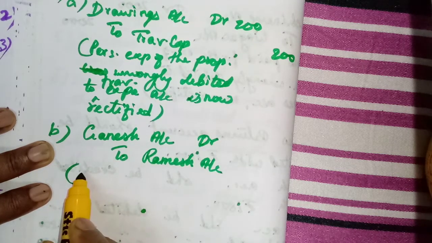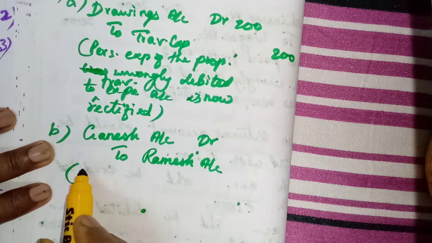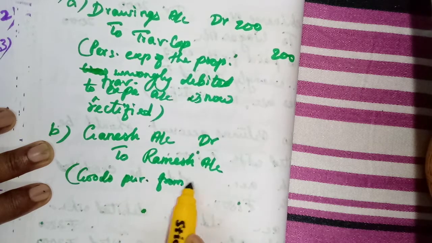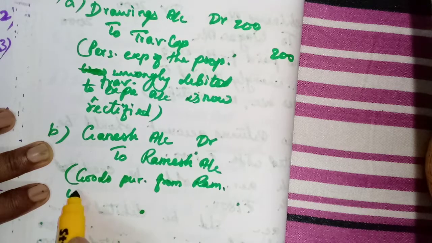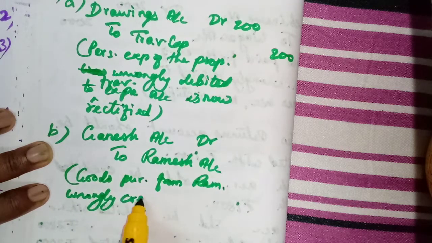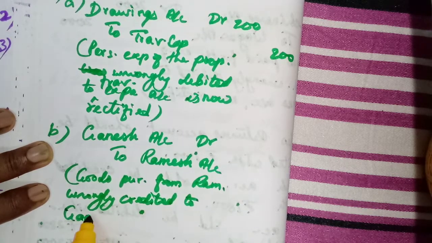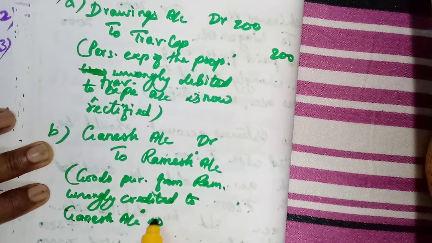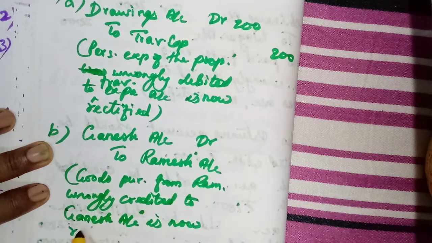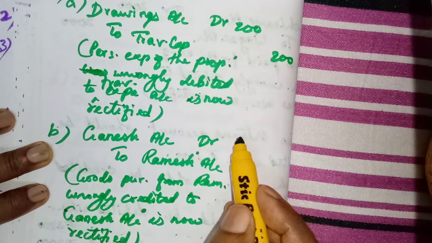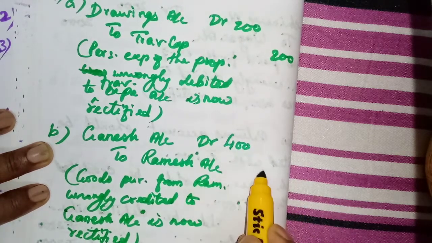We have to write: goods purchased from Ramesh wrongly credited to Ganesh account is now rectified. Okay, amount 400. Then C.